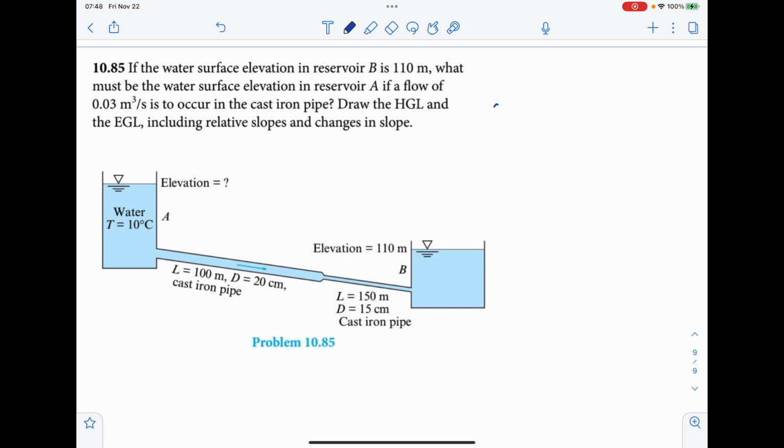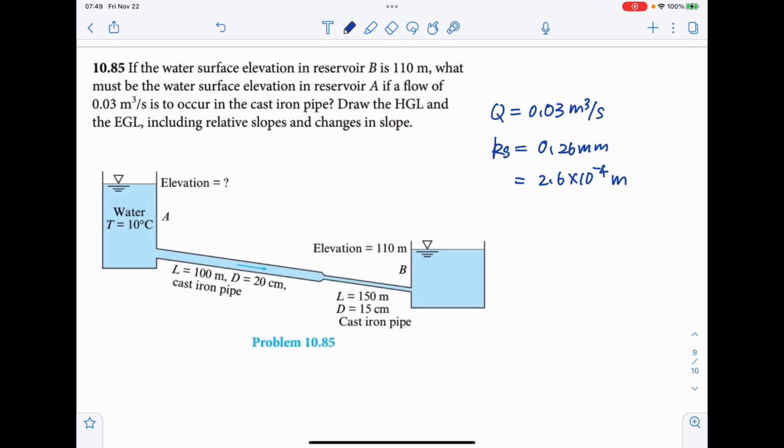So Q is equal to 0.03 cubic meters per second. And the Ks, it's a cast iron pipe, so the Ks from table 10.4 should be 0.26 millimeter, which is 2.6 times 10 to the -4 meter.